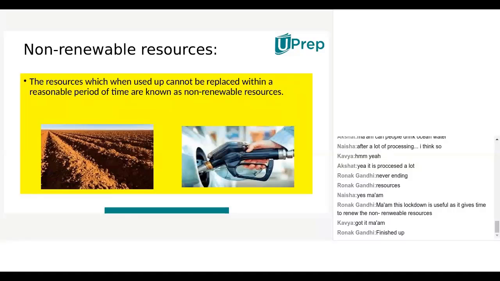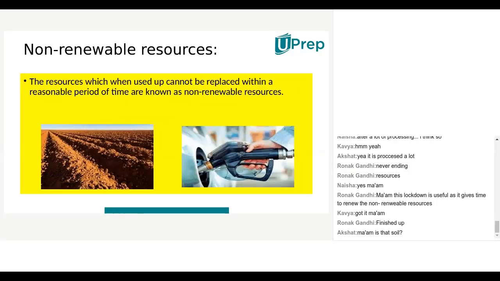What is the next slide, children? Non-renewable resources. The resources which, when used up, cannot be replaced within a reasonable period of time are known as non-renewable resources. Yes, soil also comes under non-renewable resources. If we keep on digging the fertile soil, the upper layer, which is very usable for plants, it takes many years to form that fertile layer.